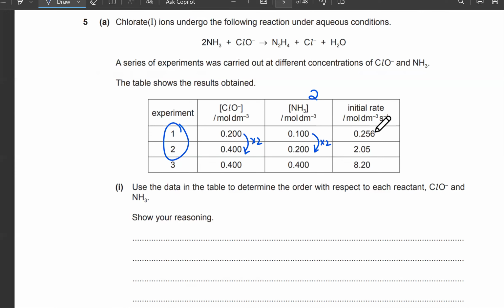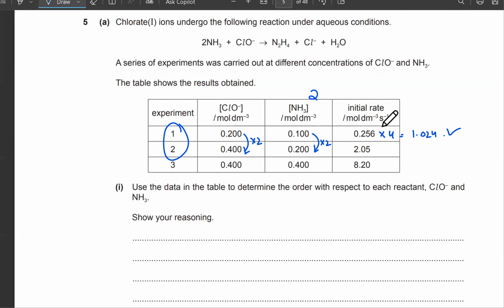What is 4 times of 0.256? 1.02. So that's going to make it 4 times, so that's going to give you 1.024. Exactly. So I factored in what ammonia is doing, right?